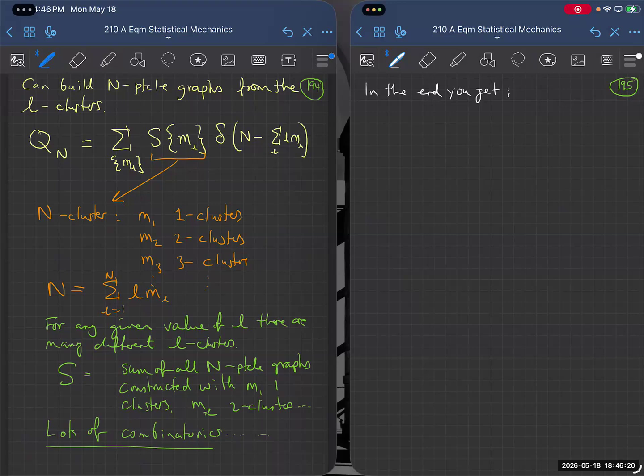So in the end, you get something amazing. You get a formula for the grand partition function.